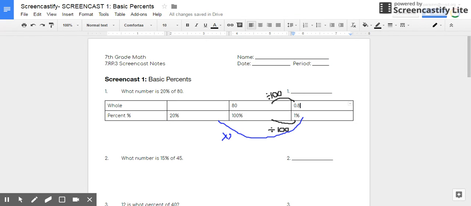Again, whatever we do in the denominator, we also have to do in the numerator. So now I'm going to take my 8/10 and multiply it by 20. And that is going to get me 16.